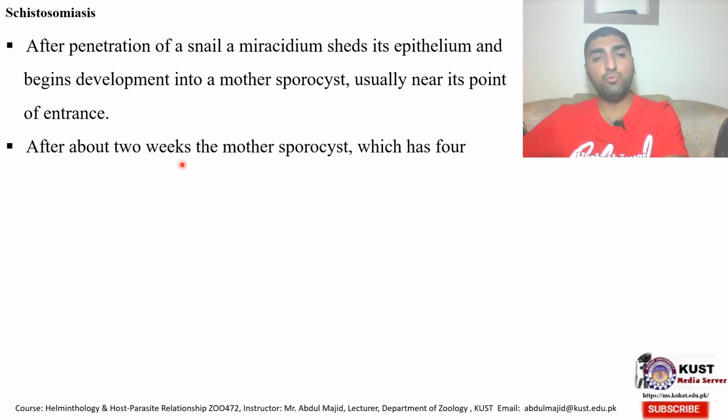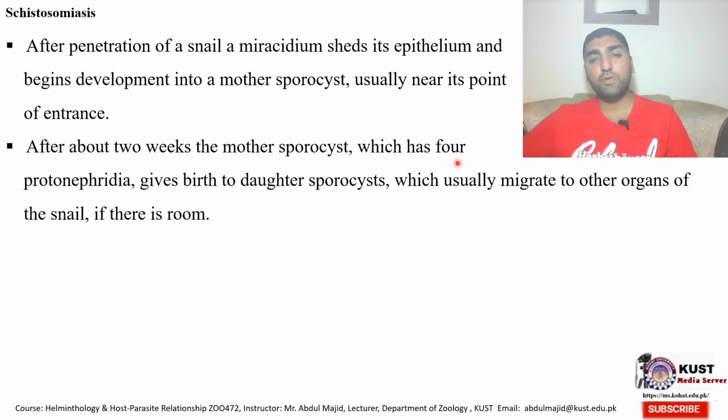After about 2 weeks, the mother sporocyst, which has 4 protonephridia, the excretory organs, of course, you know that, gives birth to daughter sporocysts, which usually migrate to other organs of the snail if there is room.